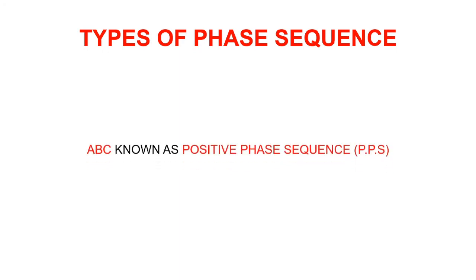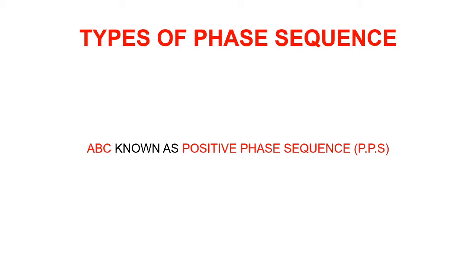Let's do our recall lessons. Types of phase sequence. From the previous video, we discussed that we have two types of phase sequence. The first one, ABC, is known as positive phase sequence, PPS.